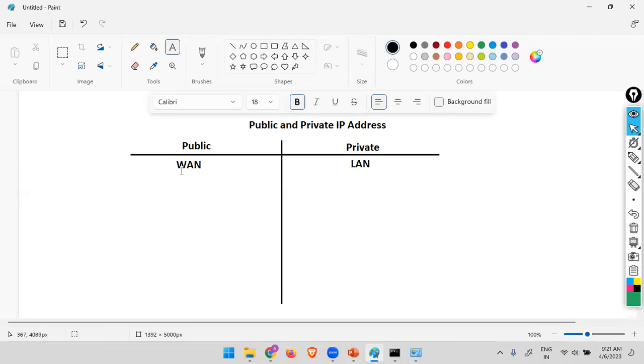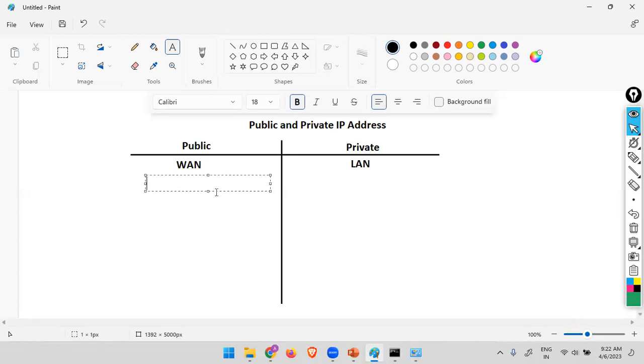Second thing, your public IP addresses. If we are using them on the internet, why is any IP address used? To identify a node. So if I want to identify something around the world, it has to be unique. Let's say if I want to identify Google, the IP for Google should be unique around the world. I should be able to access Google from anywhere, right? So these public addresses are globally unique.